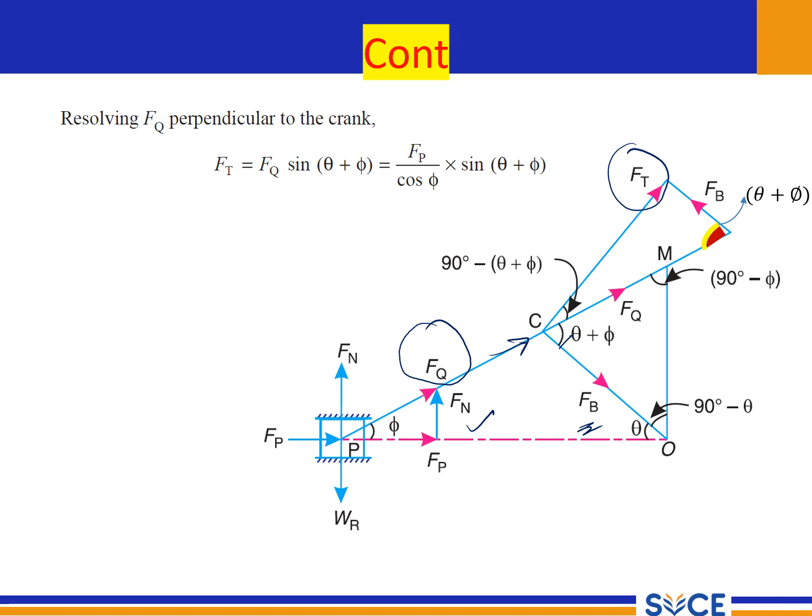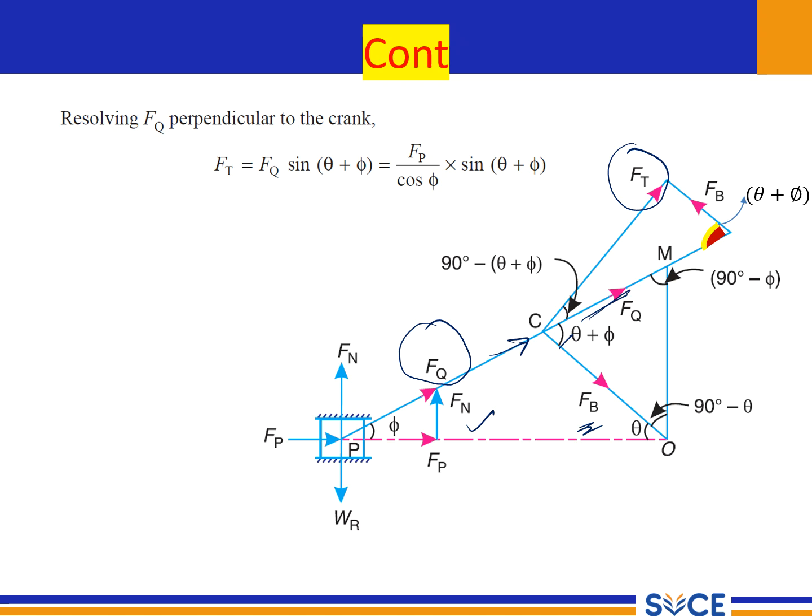So now we take the very important triangle relationship. In this triangle, this is the FT.